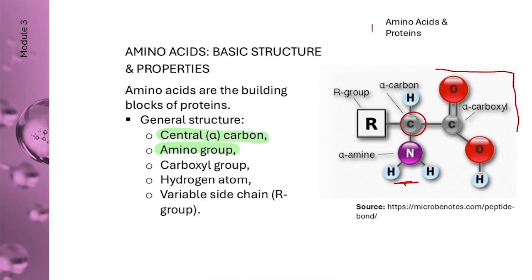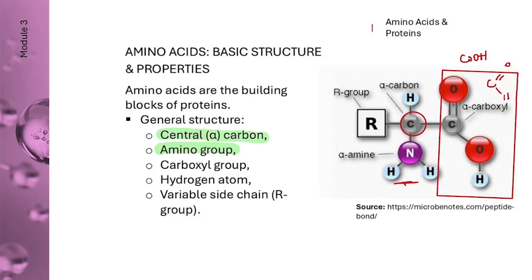Connected to the amino group is the carboxyl group, and we can see right here the carboxyl group is the COOH group, so the C double bond OH. It's the same way that you write it, if you want to write it like this.